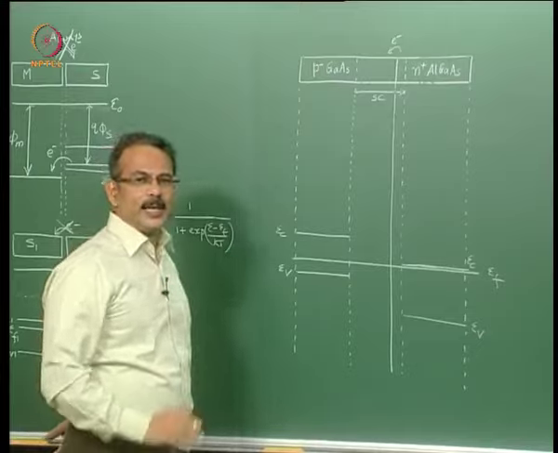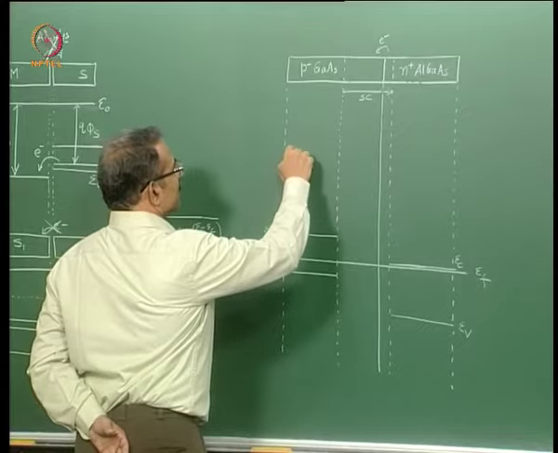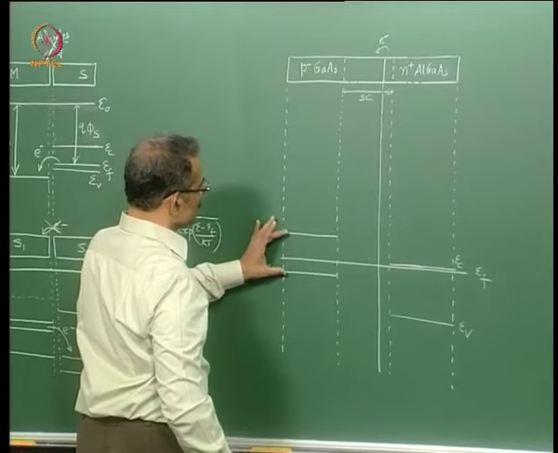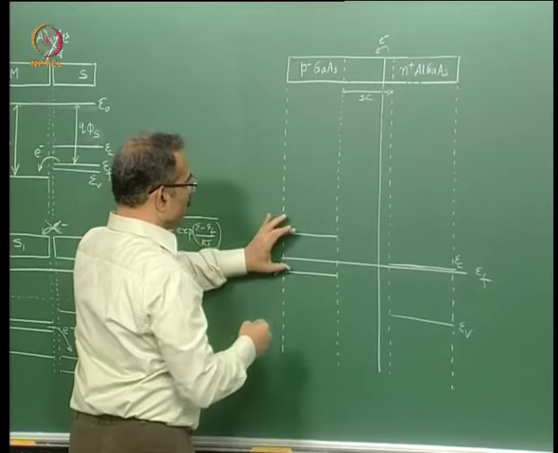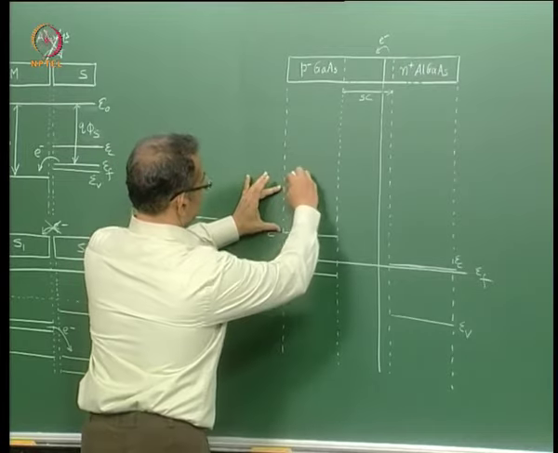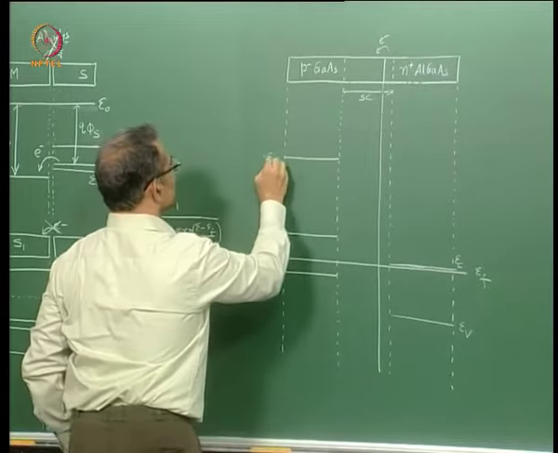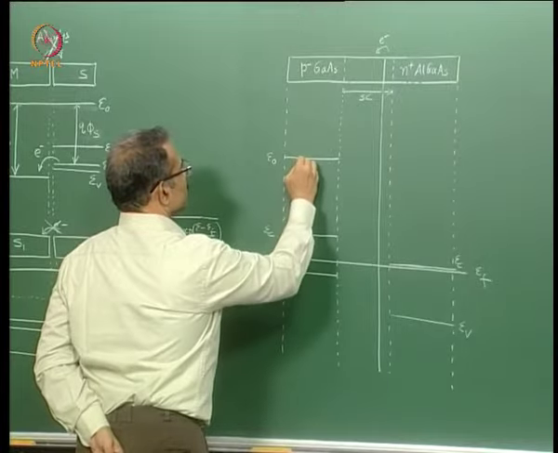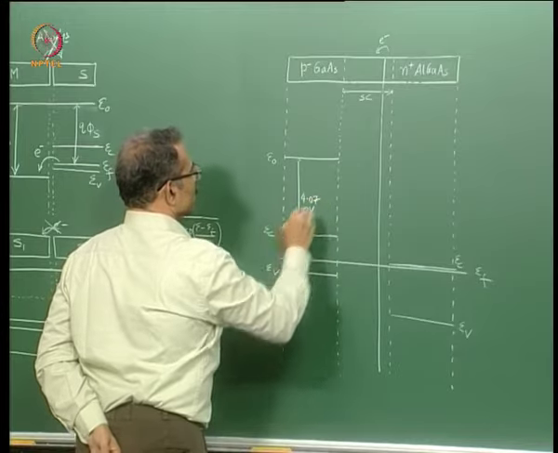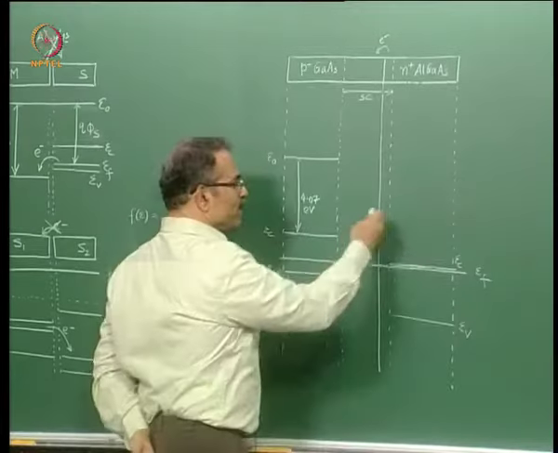The next step is to draw the E0 or vacuum level everywhere. Now vacuum level is at a distance of 4.07 from the conduction band edge. This is 1.4, so 4.07, you multiply 1.4 by 3 and then a little less than that. So let us say here, so this is E0. So this distance is 4.07 electron volts. Now E0 on this side, first do it in the neutral region.